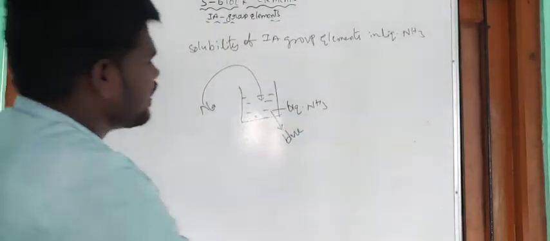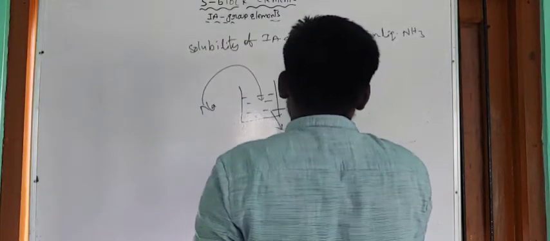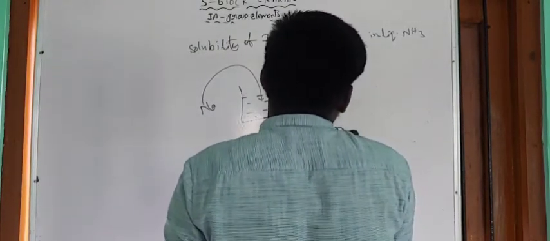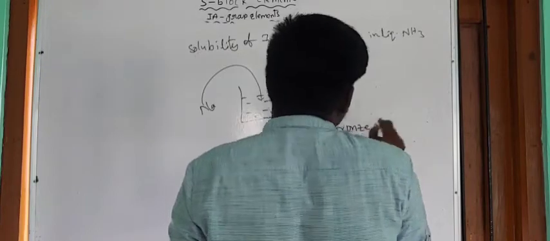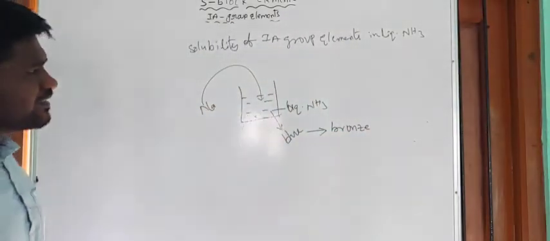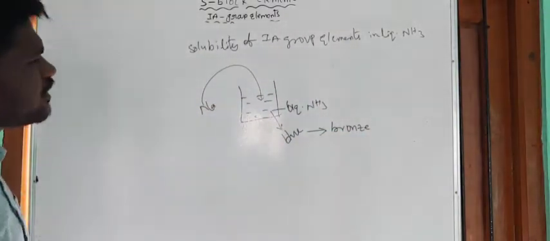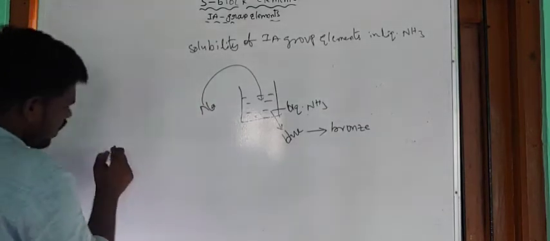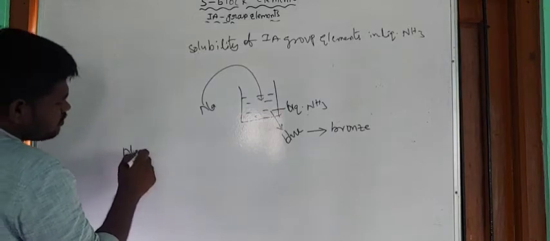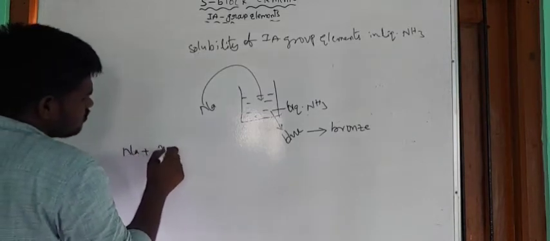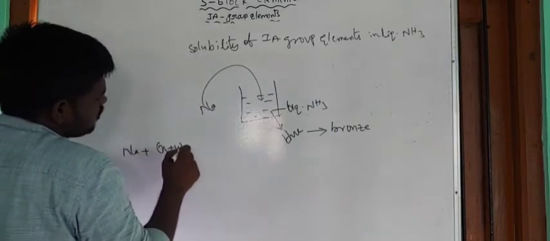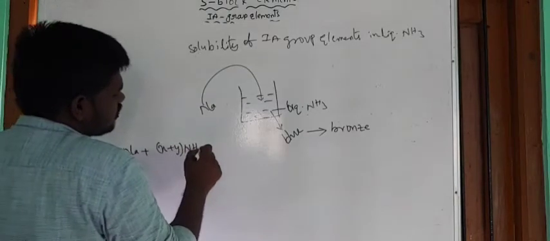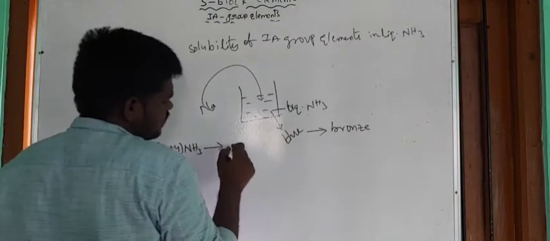On long standing, the color changes from blue to bronze. Let us see what kind of chemical interaction takes place between sodium and liquid NH3.